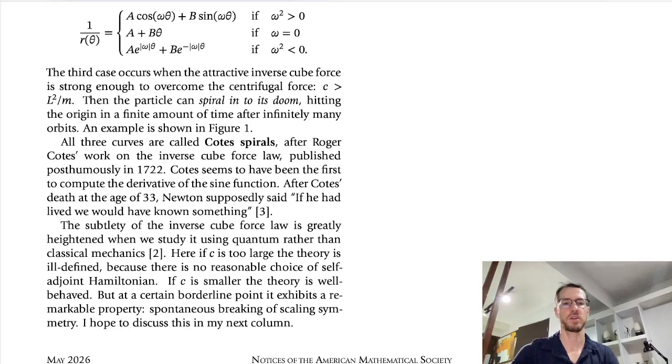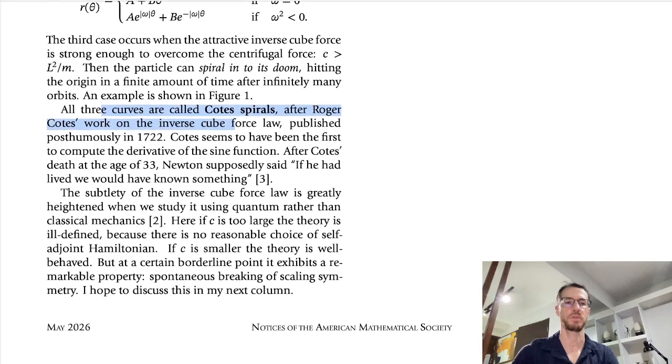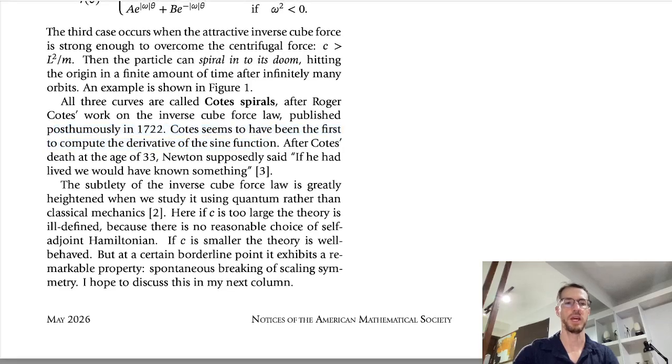All three curves are called Cotes spirals after Roger Cotes' work on the inverse cube force law published posthumously in 1722. Cotes seems to have been the first to compute the derivative of the sine function. After Cotes' death at the age of 33, Newton supposedly said if he had lived, we would have known something. The subtlety of the inverse cube law is greatly heightened when we study it using quantum rather than classical mechanics.